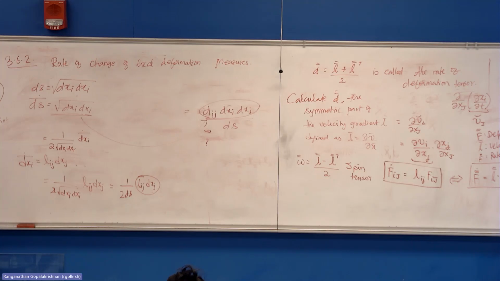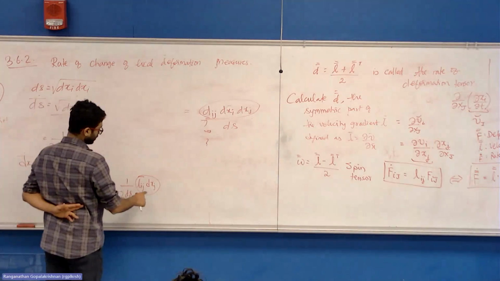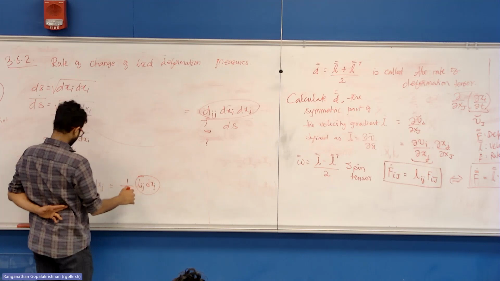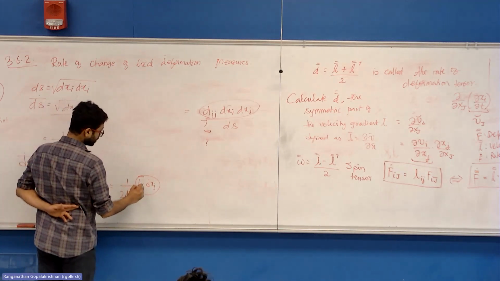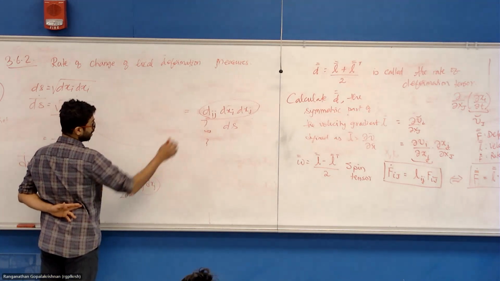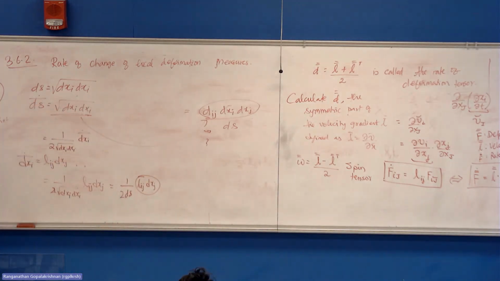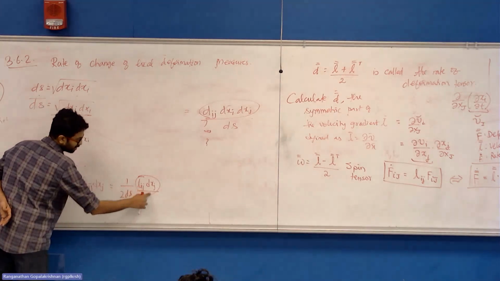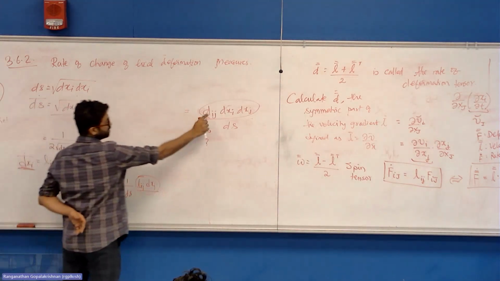You just need to prove that Lij dxj equals Dij dxi dxj, or some reasoning as to why. Here you have only xj, so if you leave this, the quantity still has index i. Over here, if you have Dij dxi dxj, that has no free indices left. This is only to relate it with dxi dot, so this still has an index i left, whereas this has no index left.